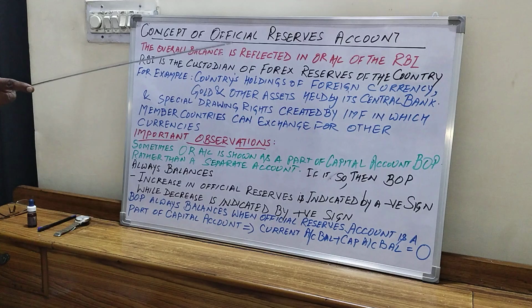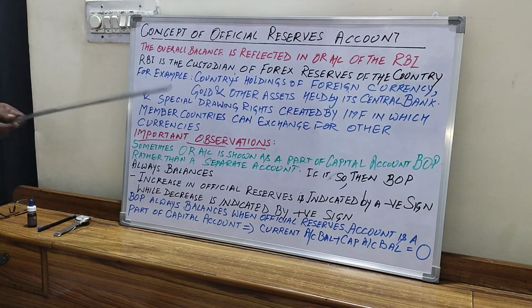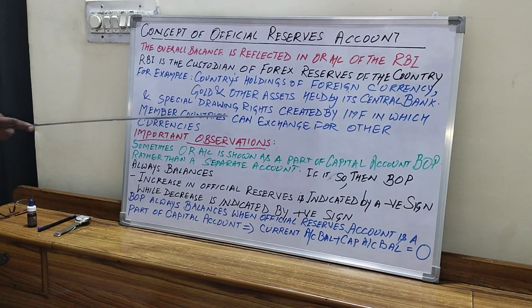The RBI is the custodian of foreign exchange reserves. Each and every transaction will be routed through the RBI. Examples: foreign currency, gold and other assets held by the central bank. Also special drawing rights created by the IMF, in which member countries can exchange for other currencies.